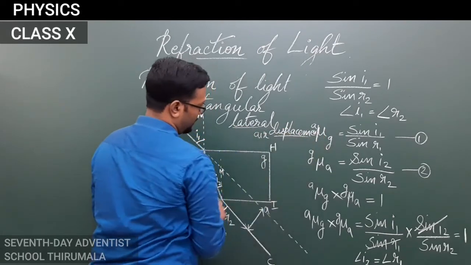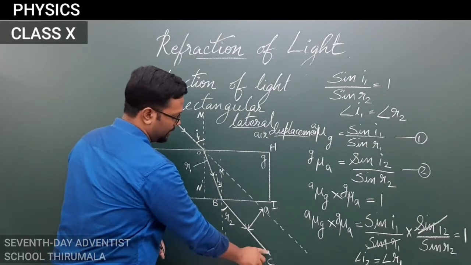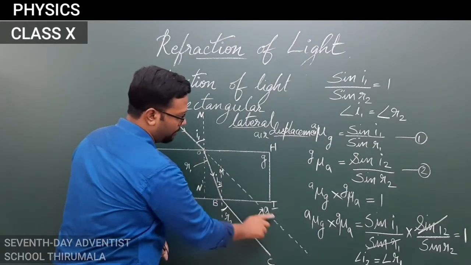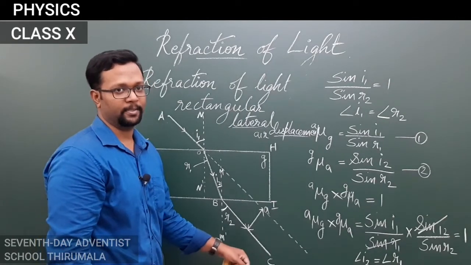The perpendicular distance between the emergent ray and the original path of the incident ray is known as lateral displacement.